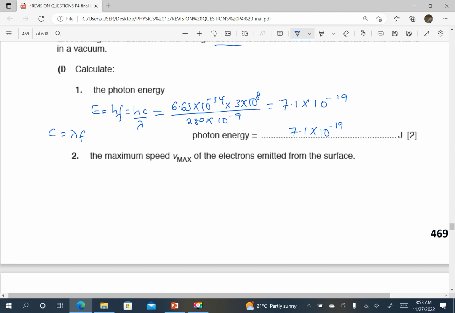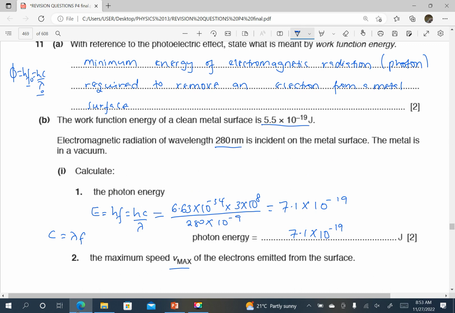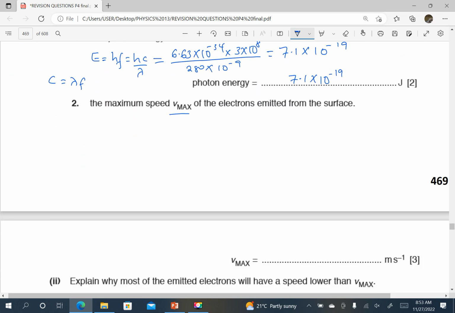Part 2, calculate the maximum speed Vmax of the electrons emitted from the surface. So this is the photon energy. Remember, the work function has been given. If this is the photon energy and the work function has been given, what is the kinetic energy? According to Albert Einstein's equation, the energy of a photon is equal to the work function phi plus the maximum kinetic energy, Emax.